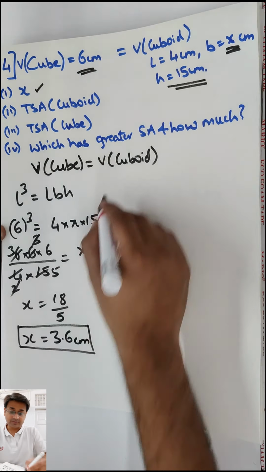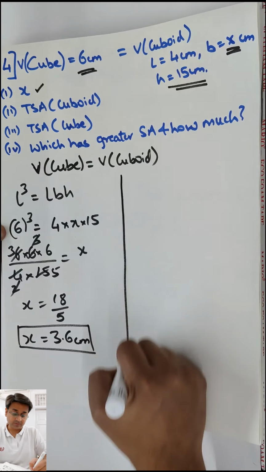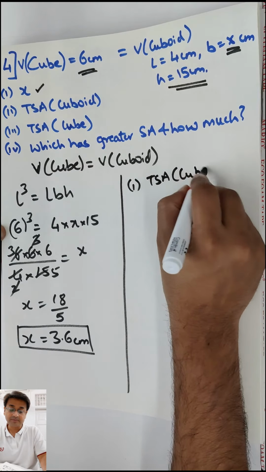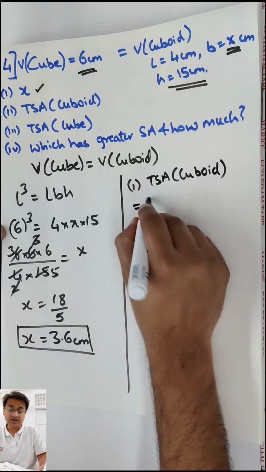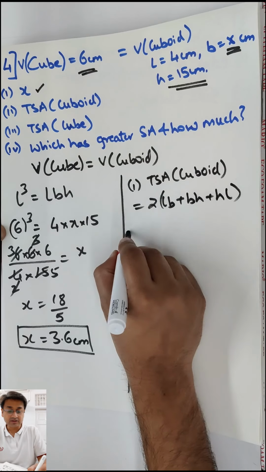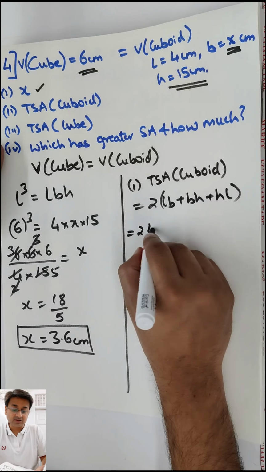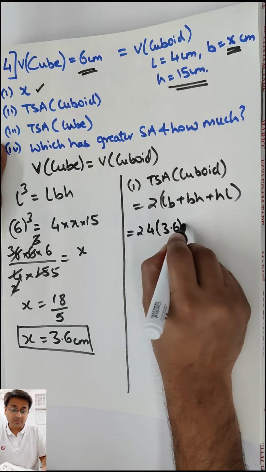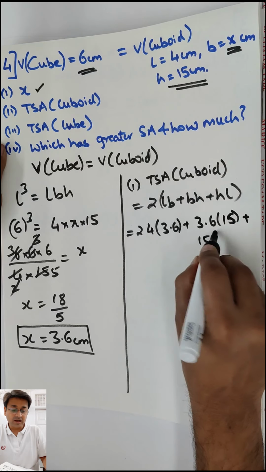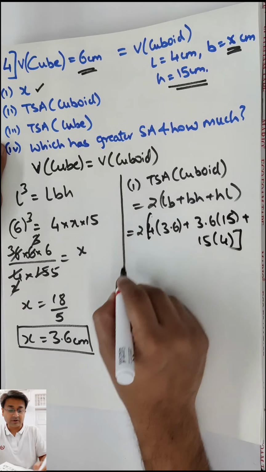Now the first part. So what is the first part? First part, they said total surface area of the cuboid. So you know the formula for that: 2 times length breadth, breadth height, and height length. So 2 times length, length is 4, breadth we got as 3.6, again 3.6, height is 15, and 15 into 4, in bigger brackets.